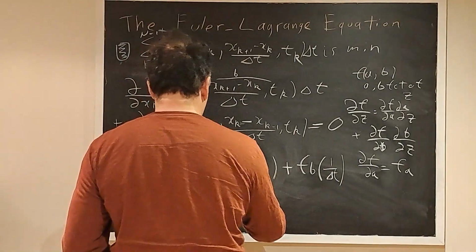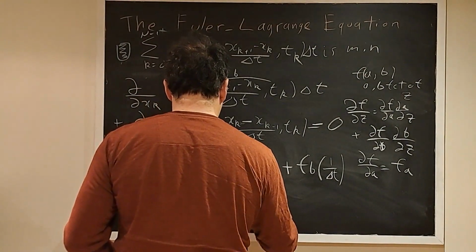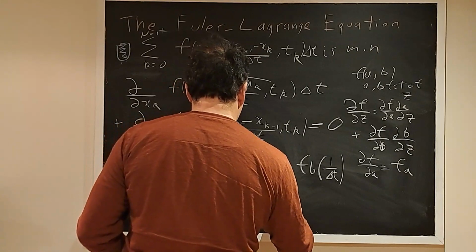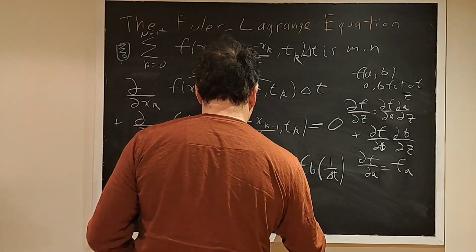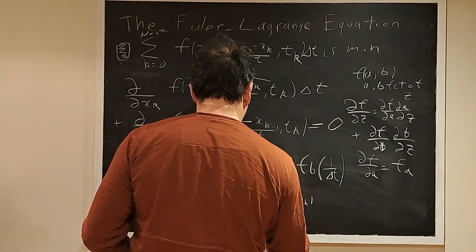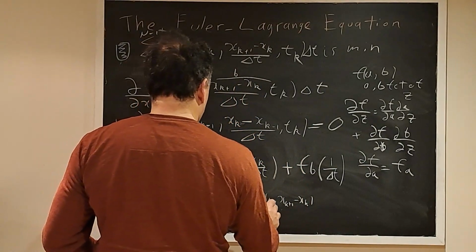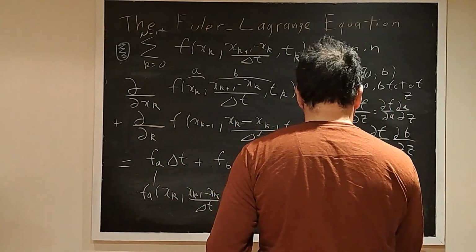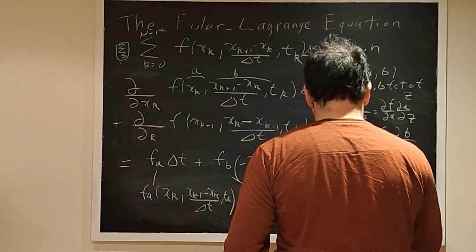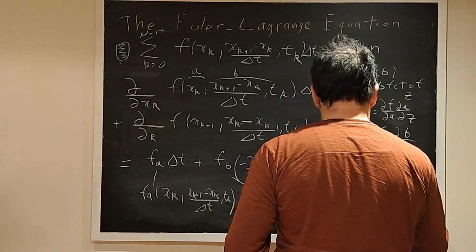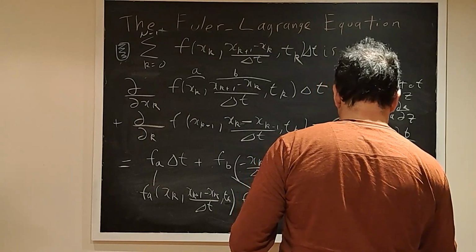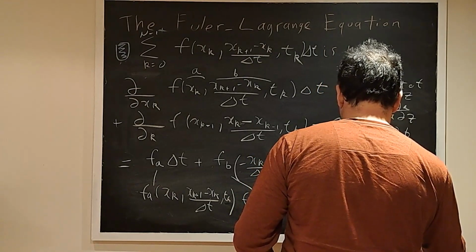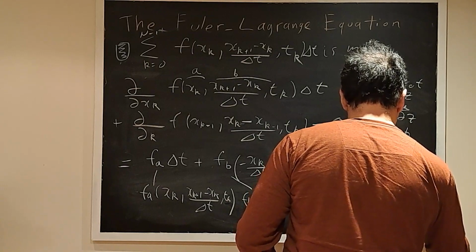And this term here is fb at xk, xk plus 1 minus xk over delta t, and tk, and this one here is fb at xk minus 1, xk minus xk minus 1 over delta t, tk minus 1.